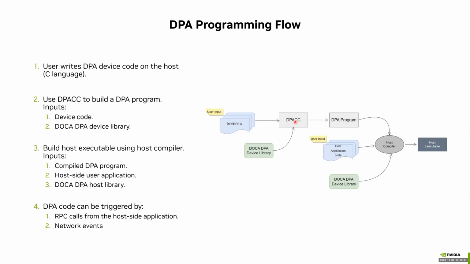And then it gives you a DPA program that you can link together with your host application side, which also takes a Docker DPA host side library, so a typo here. And this all produces a host executable where you can call FlexIO or Docker DPA functions in order to have RPCs or install event handlers that get triggered according to network events.